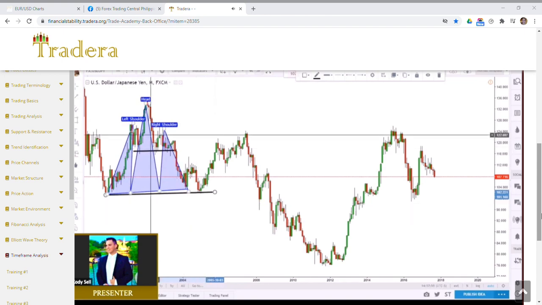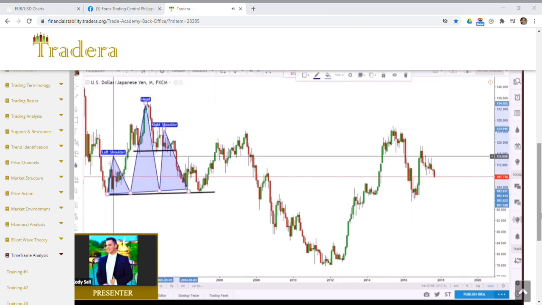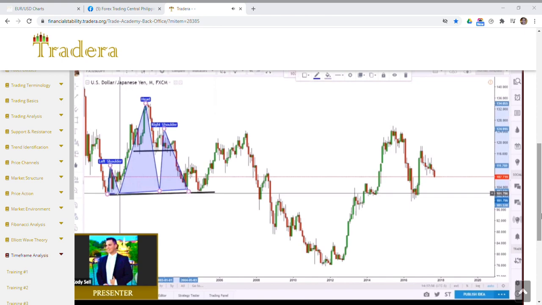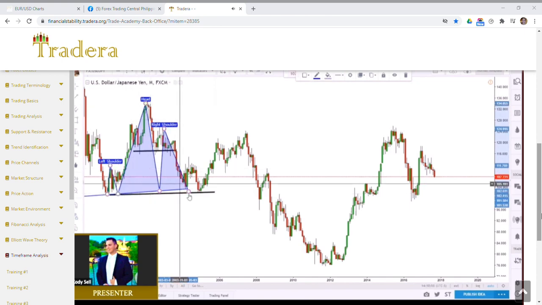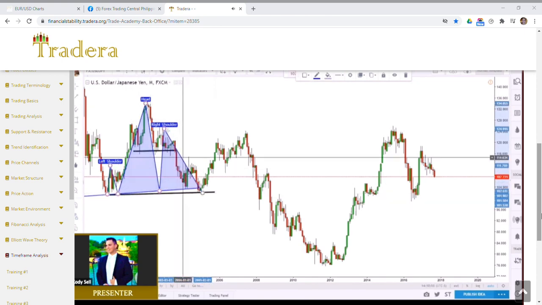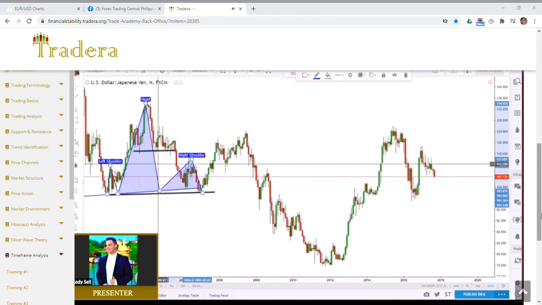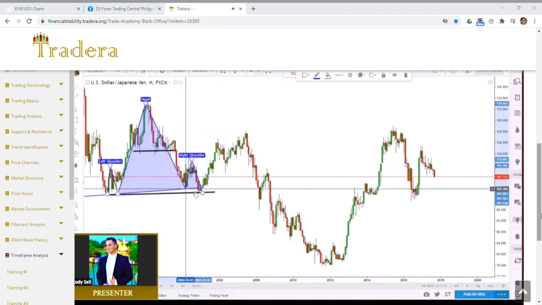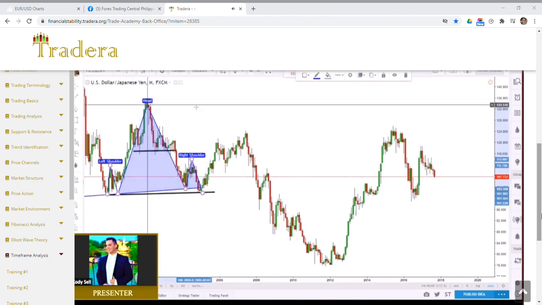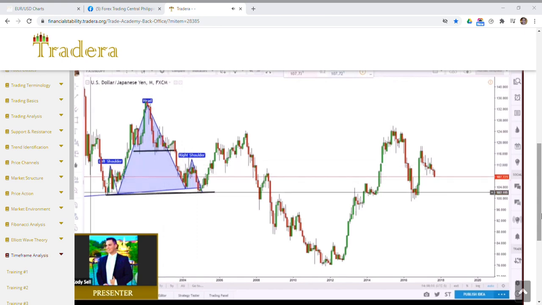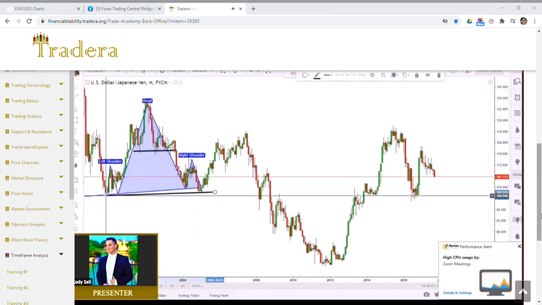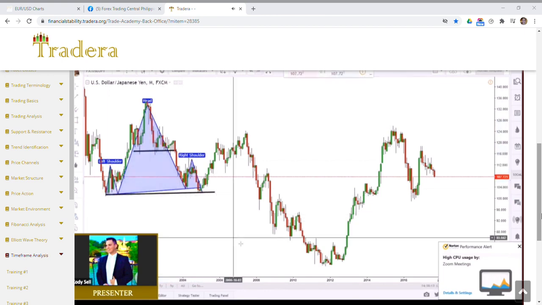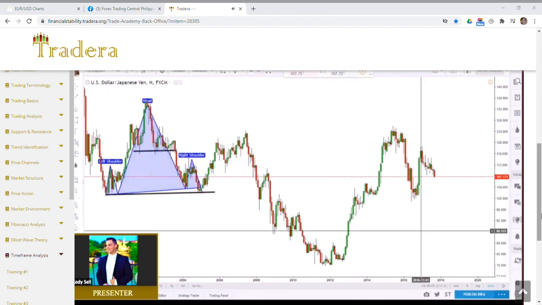Now, it's funny, you can also look at it like so. Your left shoulder can be here, your head is this entire move, and then your right shoulder is right here. You can also look at it like this, where you have this left shoulder, head, right shoulder. So when you look at it like this, on top of our original head and shoulders formation, you have this one.